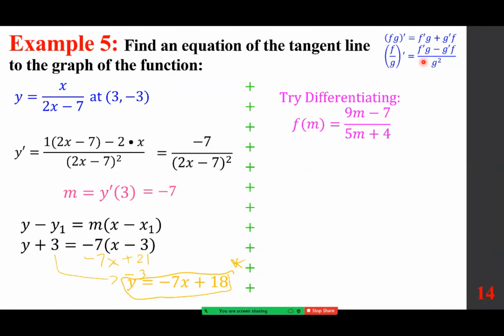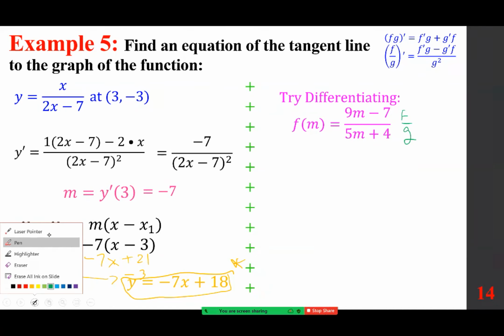So with that being the case, we are going to go with the quotient rule. We're going to call this f, we're going to call this g. So f prime is 9 times g, which is 5m plus 4, minus g prime is 5 times f, which is 9m minus 7, over g squared.